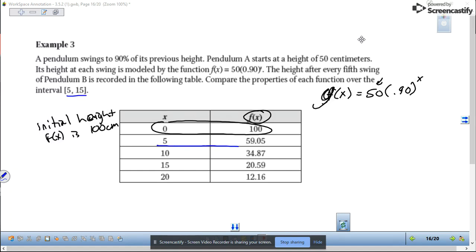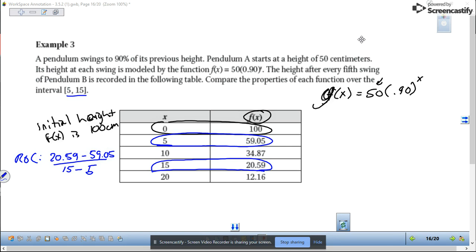So I care about this point, and I care about this point. Okay? So my rate of change, the first one, is going to be 20.59 minus 59.05 over 15 minus 5.